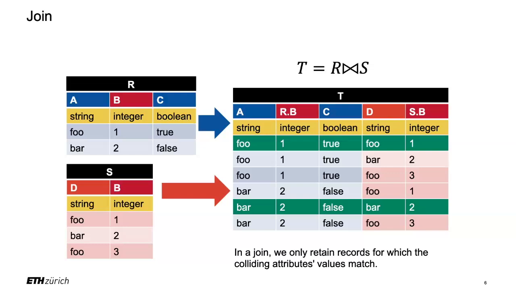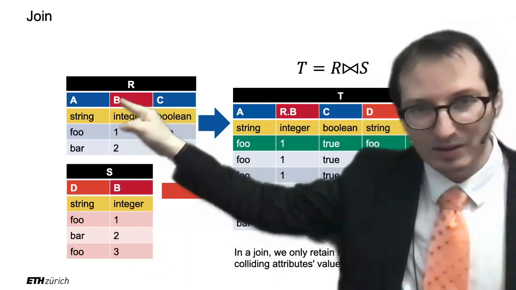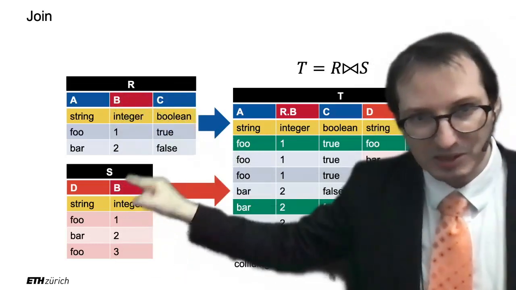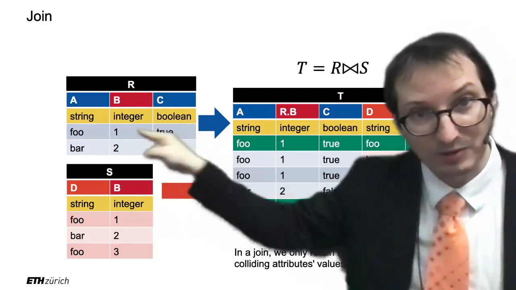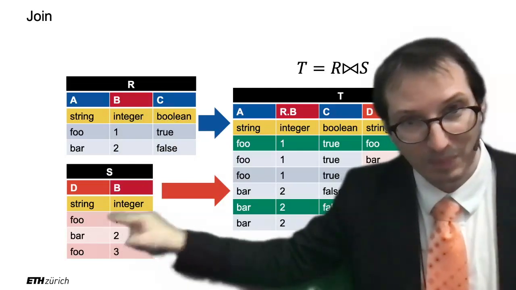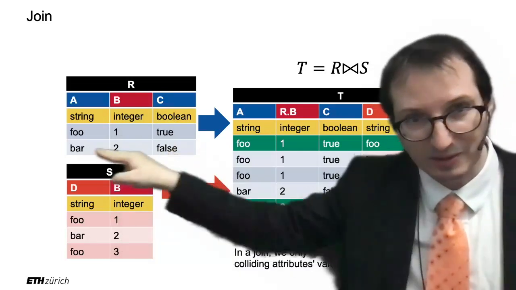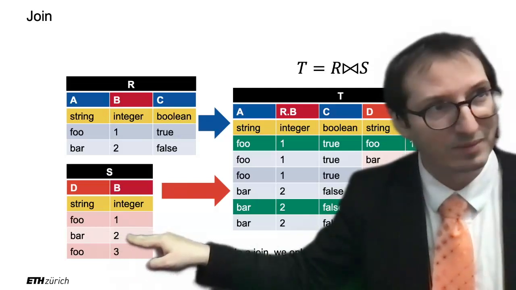So what happens is that we are going to take these 2 tables R and S that you can see right here, but we notice the 2 columns B, and we are going to match them. It means that this record right here that has B equals 1 will only be matched with this one, and this record right here that has B equals 2 will only be matched with this one, right?